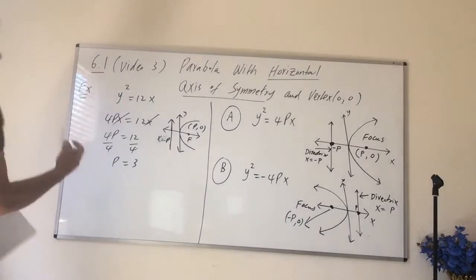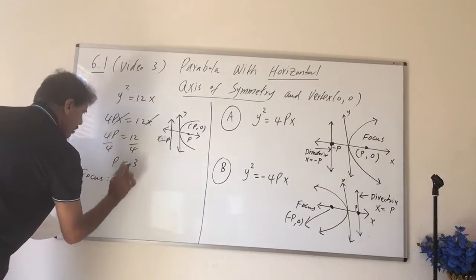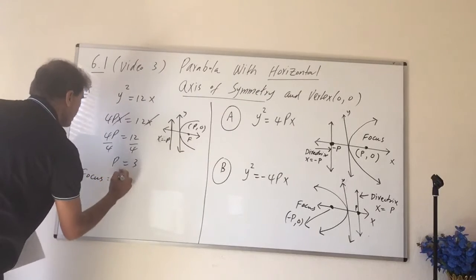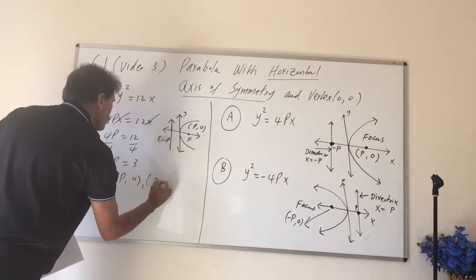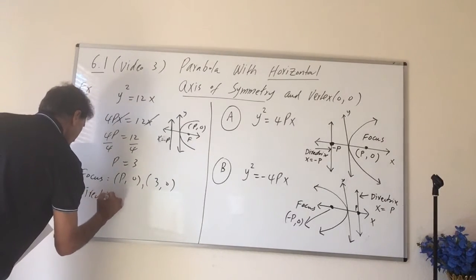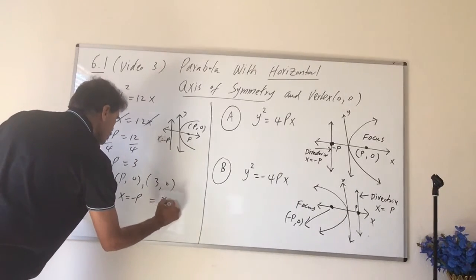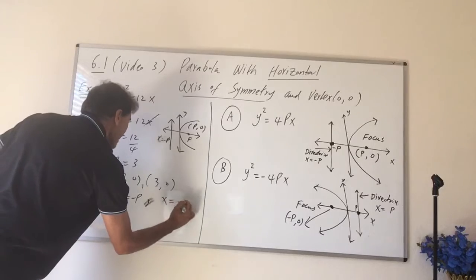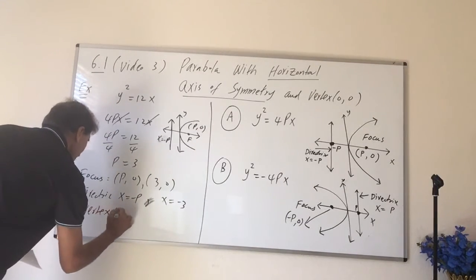Now we can answer, so we're almost done. The focus is p, 0, which is 3, 0. The directrix is x equals negative p, which is x equals negative 3. The vertex is 0, 0, which we already know.